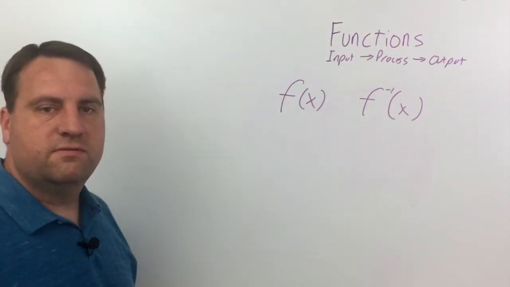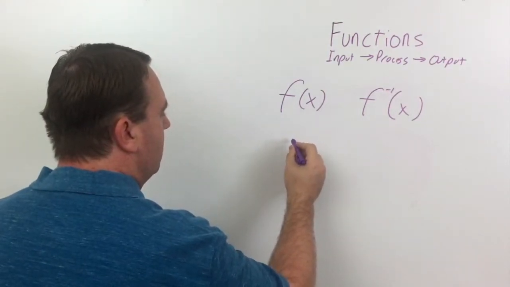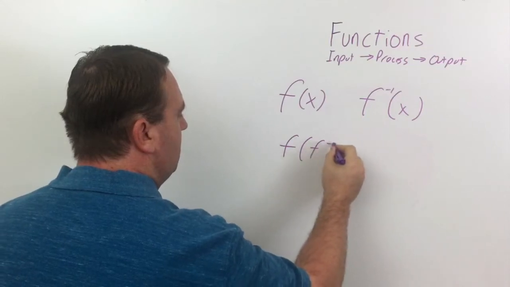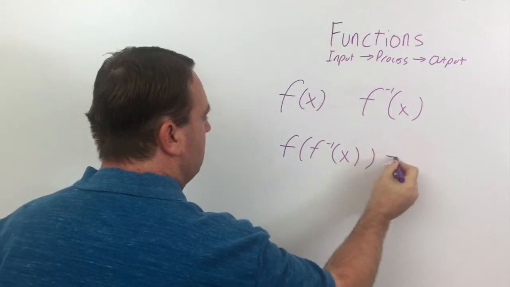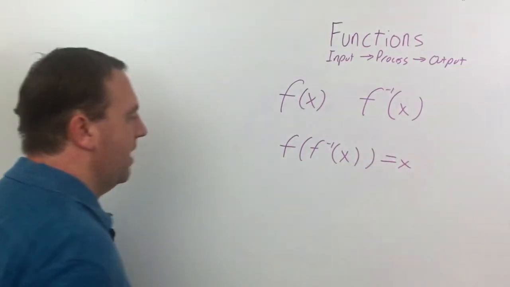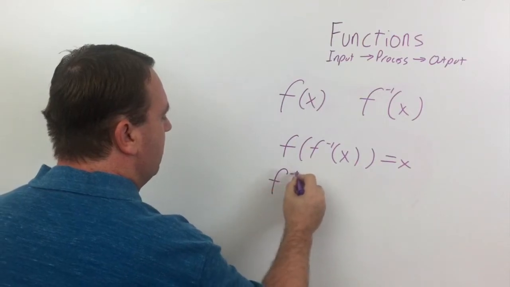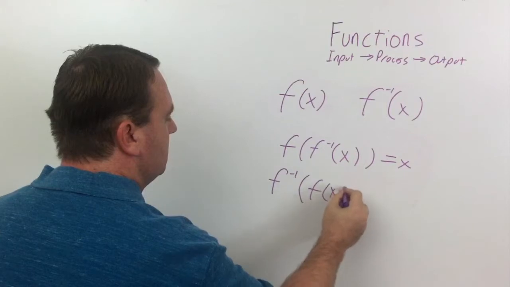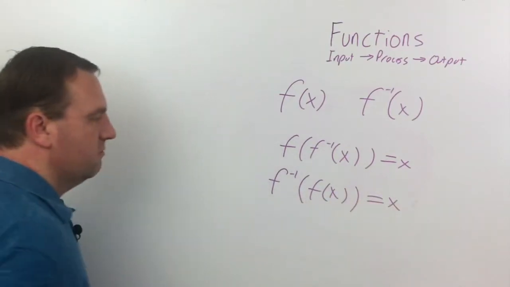If we have those two functions, then if I say f of the inverse of x, that gives me x back. Likewise, if I do the inverse of a function, I get the original value back.